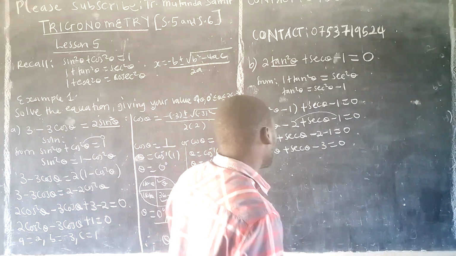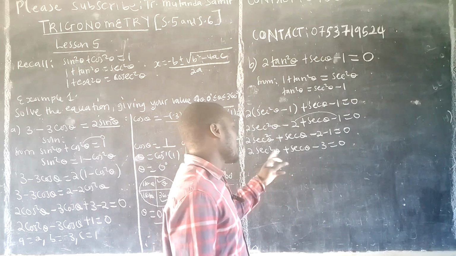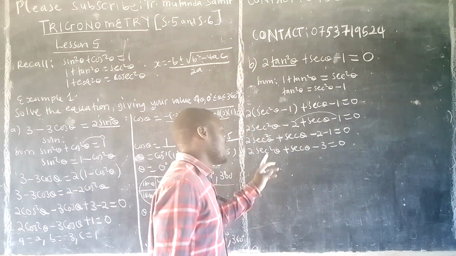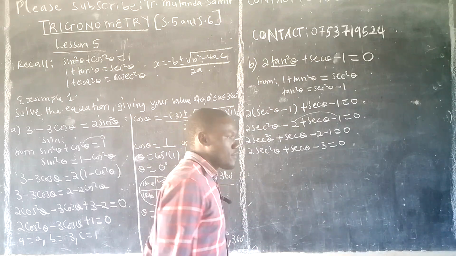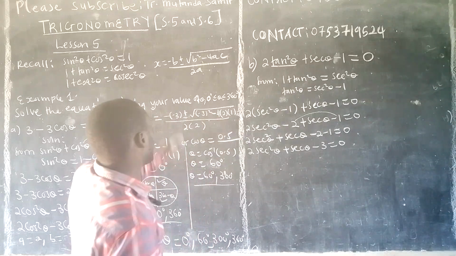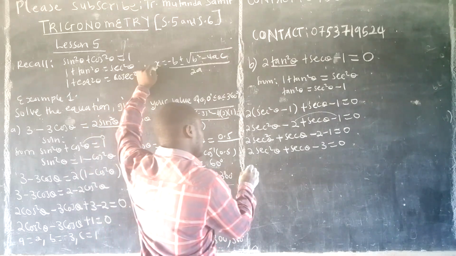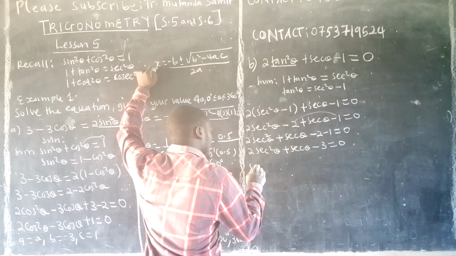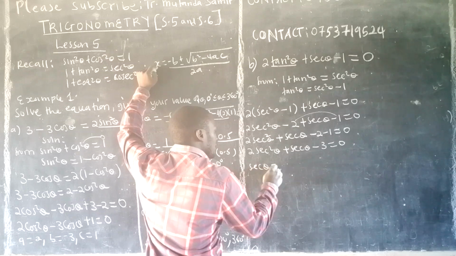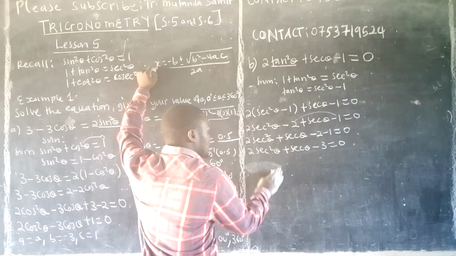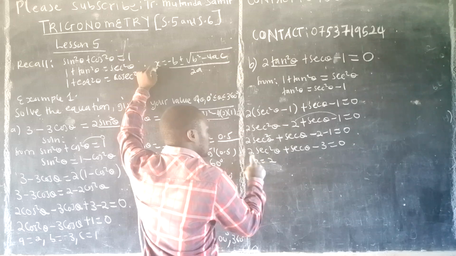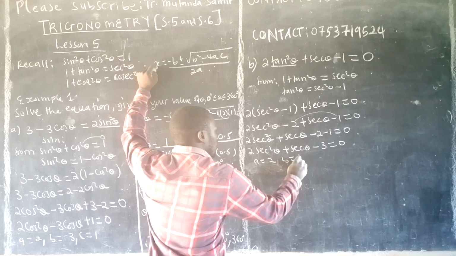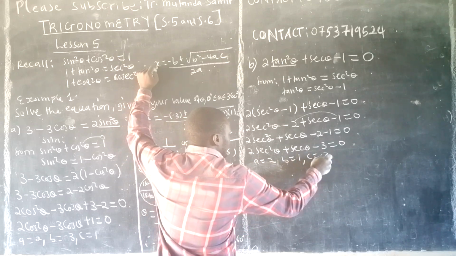It's not funny. I know someone may say, why sec? Why are you leaving it as sec, then going for the formula? No problem. Leave it as sec, then you go for the formula. And now the formula says sec theta is equal to, sorry, what is our a? Our a is 2, this one. Our b is 1, and our c is negative 3.